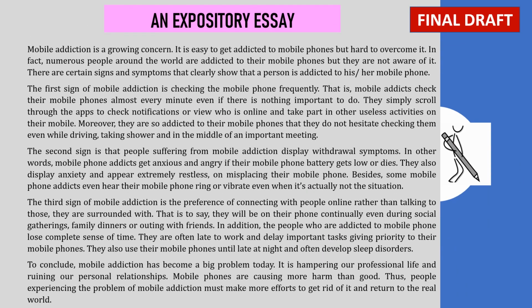After revising and editing the first draft of the essay, you start writing your final draft. And here is the final draft of the example we have applied in this lesson.